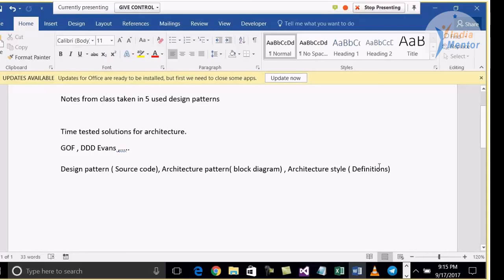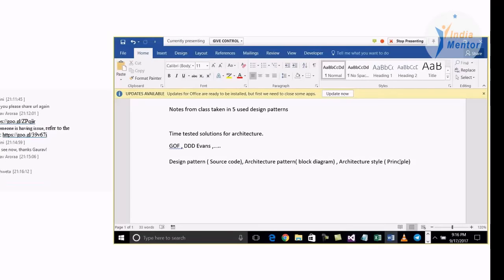Rather than definition, let me put the right word here: these are just principles. They are one-liner principles, and here we don't even have a block diagram. We just have one line saying, okay, REST is the architectural style which follows HTTP, and we have to follow GET, POST, and so on, right? Then we can say service-oriented is an architecture style where we talk in terms of XML.